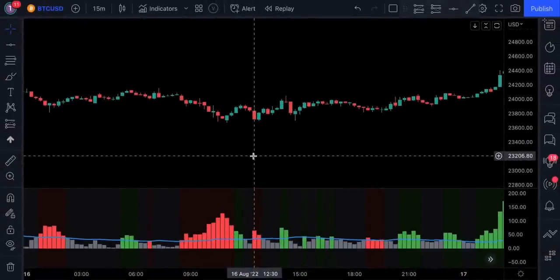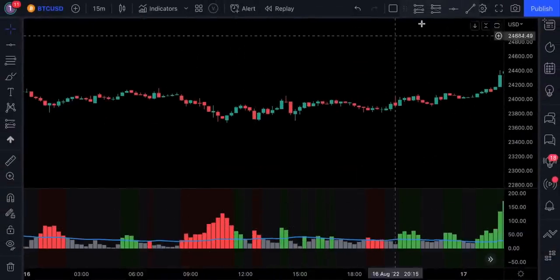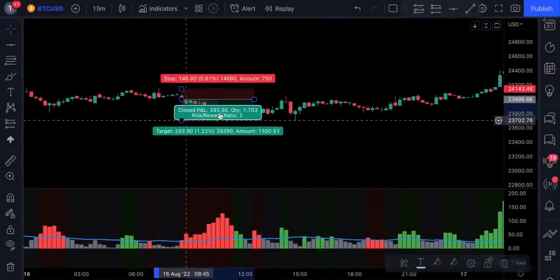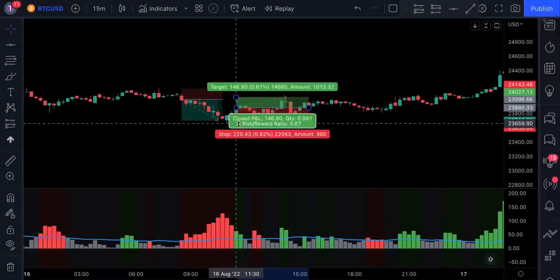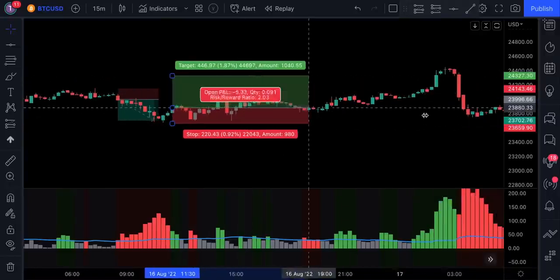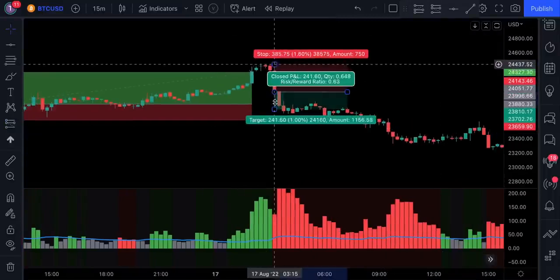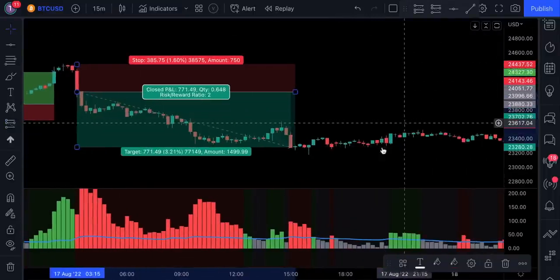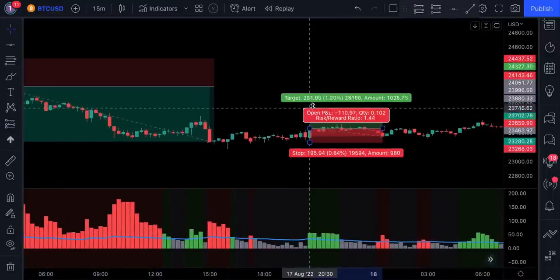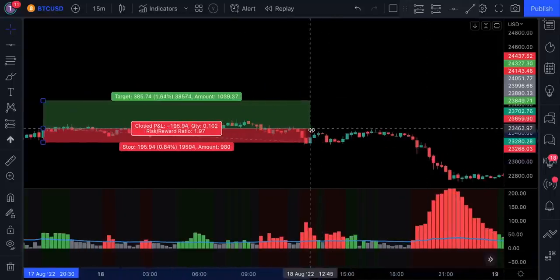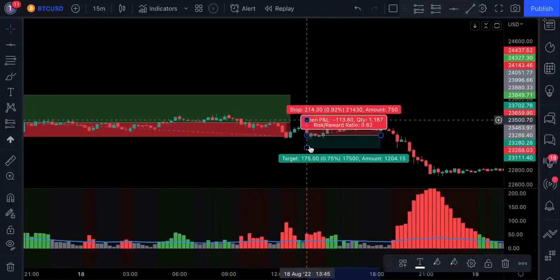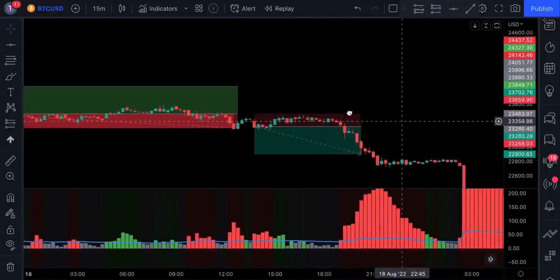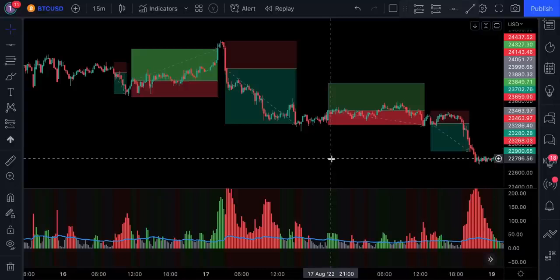So let's actually see how accurate these signals can be. Okay, so overall we can see that the indicator issues pretty good signals.